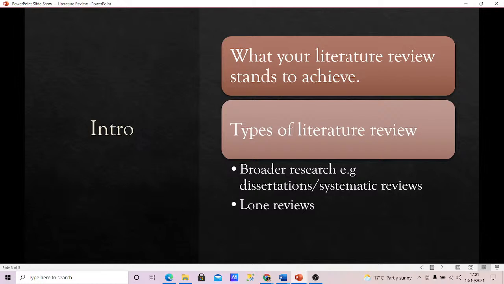So if you are carrying out a particular research, then that means some other people have done something not exactly similar, but something in that aspect. So take for example, checking the association between weight and obesity.